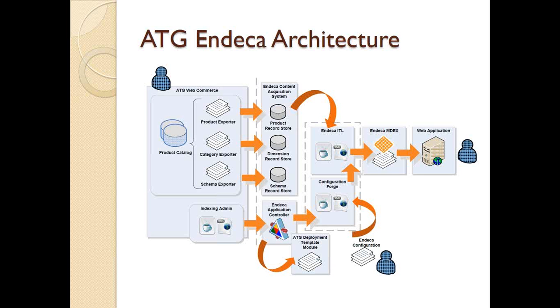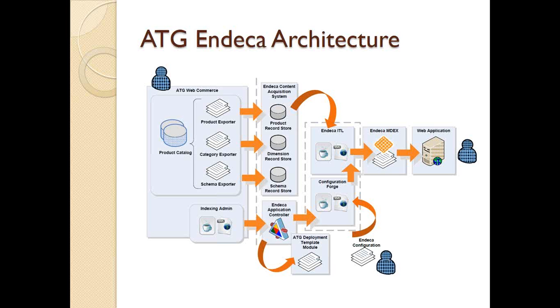Akamai is always configured at the web server level. It will go to Akamai first. If the page request is not found in Akamai, it will process the request to the application server. The application server, the ATG system, will communicate with Endeca. So this is the entire flow.